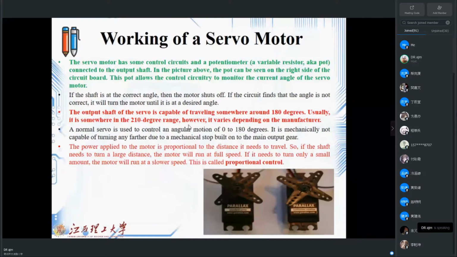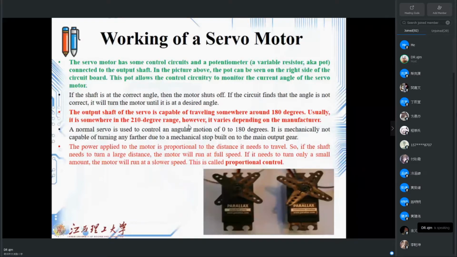It's mechanically not capable of turning any further due to the mechanical stop built into the main part of the gear. The power applied to the motor is proportional to the distance it needs to travel. So if the shaft needs to turn a large distance, the motor will run at full speed.